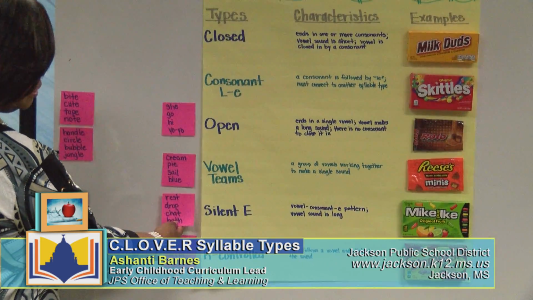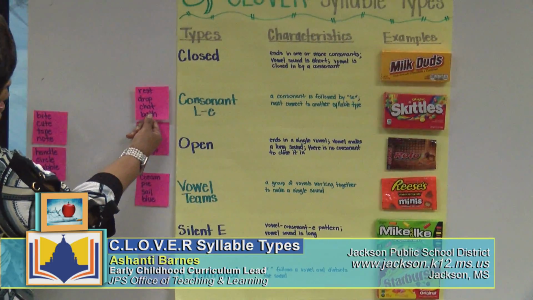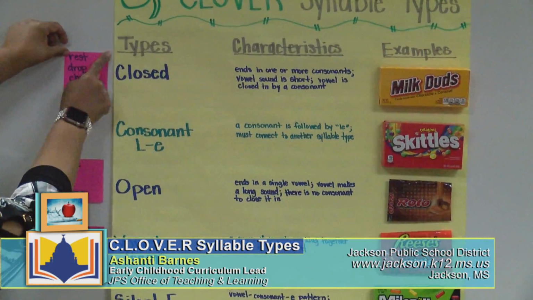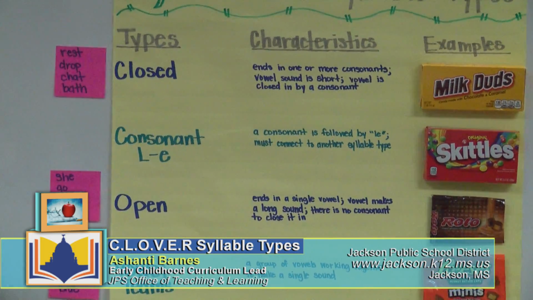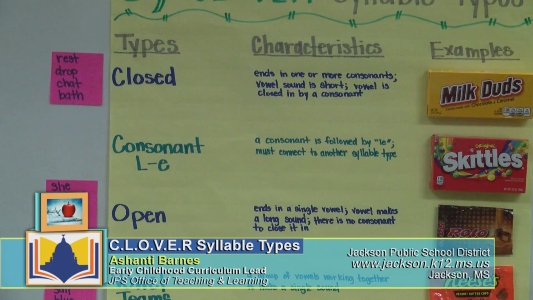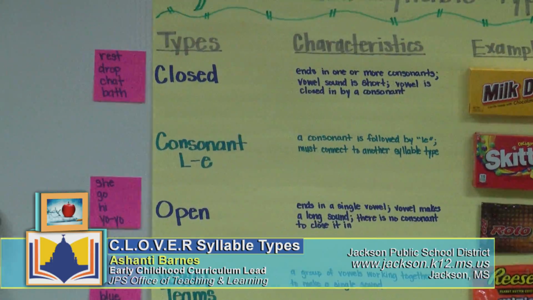No, it couldn't possibly be silent E. And there's no way it could be consonant LE. It must be a closed syllable type. Each word has a short vowel sound, and the vowel is closed in by 1 or more consonants. You guys got this. All right, 2 more.